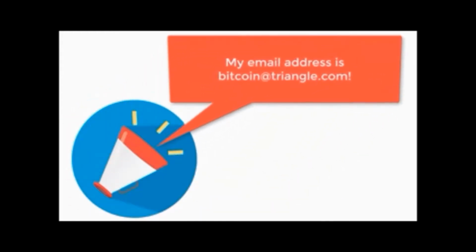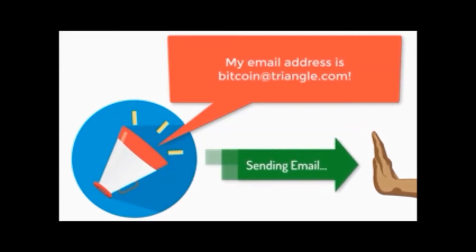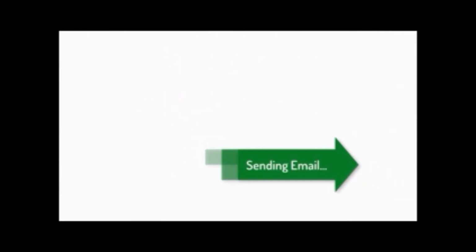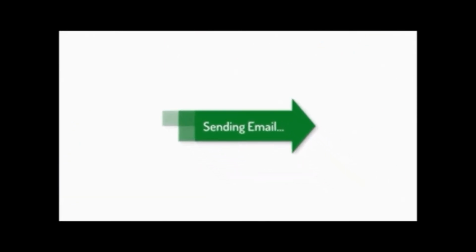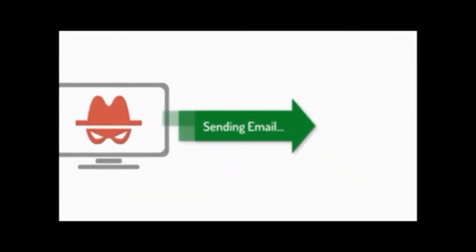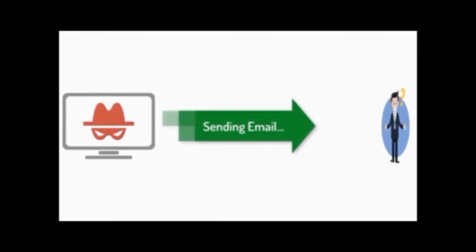So then you tell everybody the email address, and they must know that in order to send you a message. But just because they know your email address, that doesn't mean they can send the email out in your name. They can send you an email, but they can't send as you.